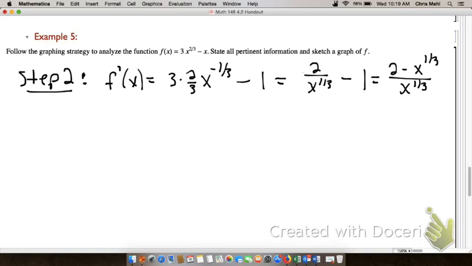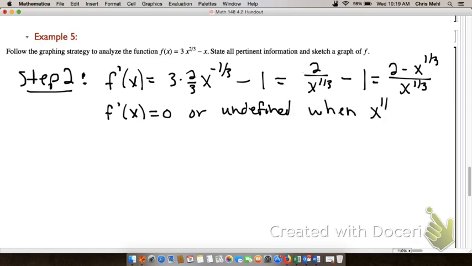Now, f prime of x, we have to find out where it is equal to 0 or undefined. So it's 0 or undefined when either the bottom is equal to 0 or the numerator 2 minus x to the 1/3 equals 0.